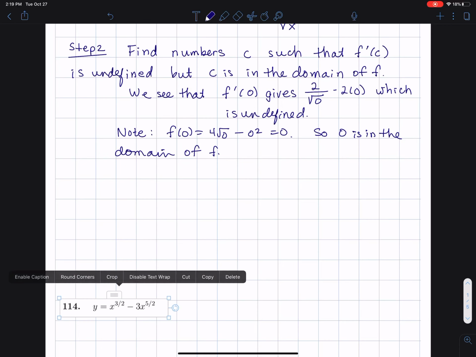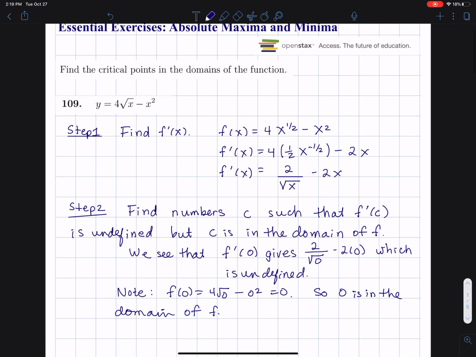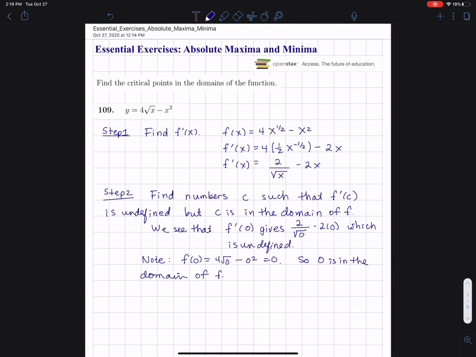You're not allowed to divide by 0. So you would think that f prime of 0 is undefined, so x equals 0 is a critical number. But you need to check and ask yourself, is 0 in the domain of the original function? And it is. So that's what makes it a critical number. So x equals 0 is a critical number, and that's just one critical number.